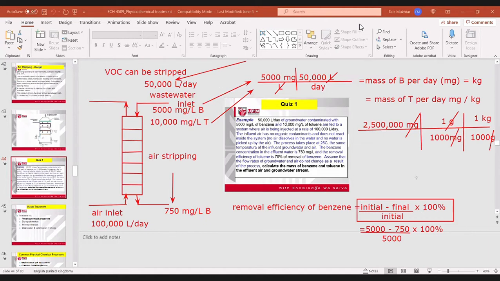So this is how you calculate removal efficiency of benzene. The initial is the initial from wastewater, final is the one at the effluent, which is 750. I use here the value of concentration. As I mentioned, doesn't matter.